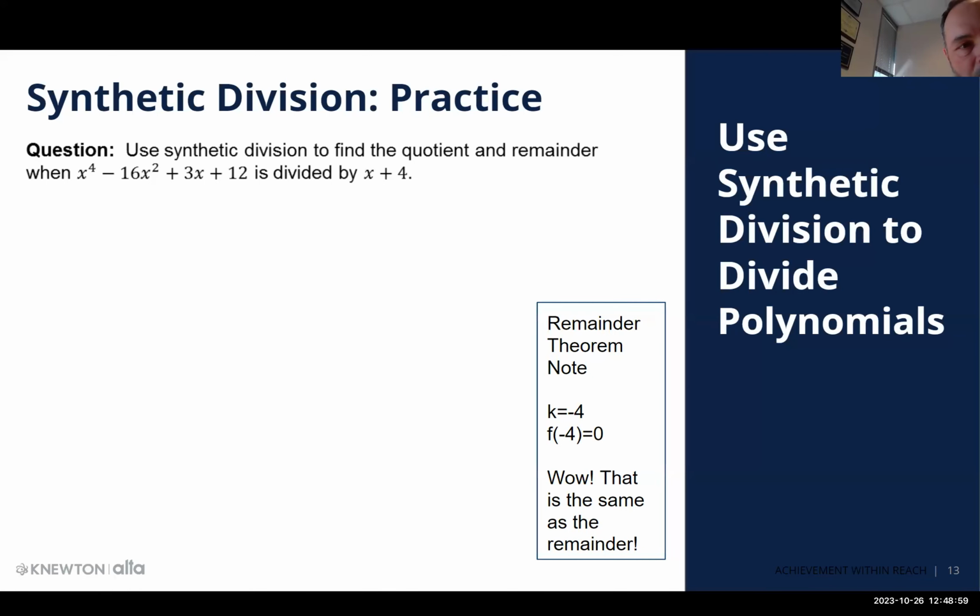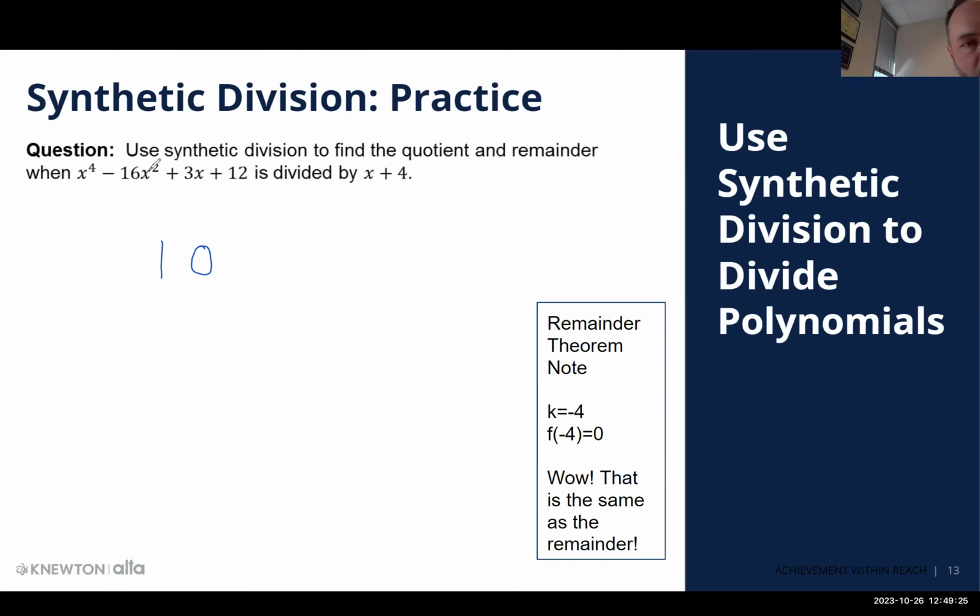Okay, so on this problem, I'm going to take the coefficients, which are a 1, and there is no cube term, so I need a placeholder. We're going to use a 0 for that placeholder.